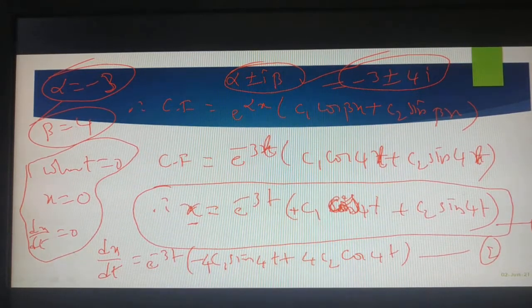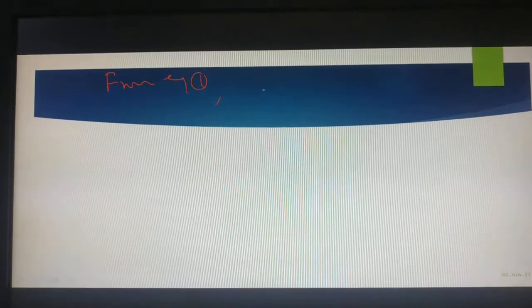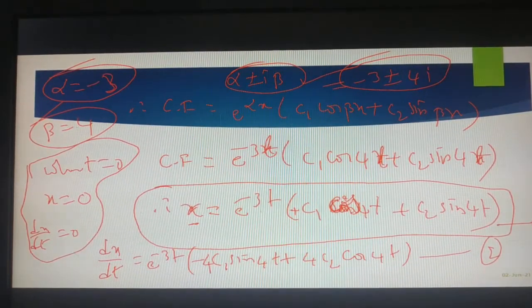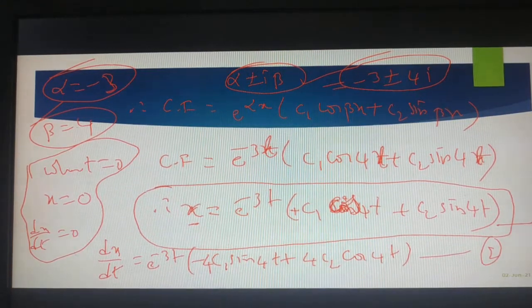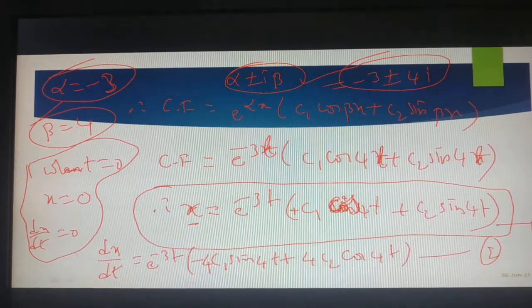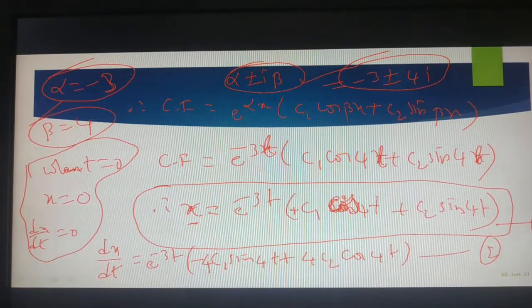Both sides I will substitute the same thing. So from equation 1, x equal to 0 on the left side, and on the right side e power minus 3 times t, where t is also 0. Initial time t equal to 0, that they are given. So I can substitute in equation 1.